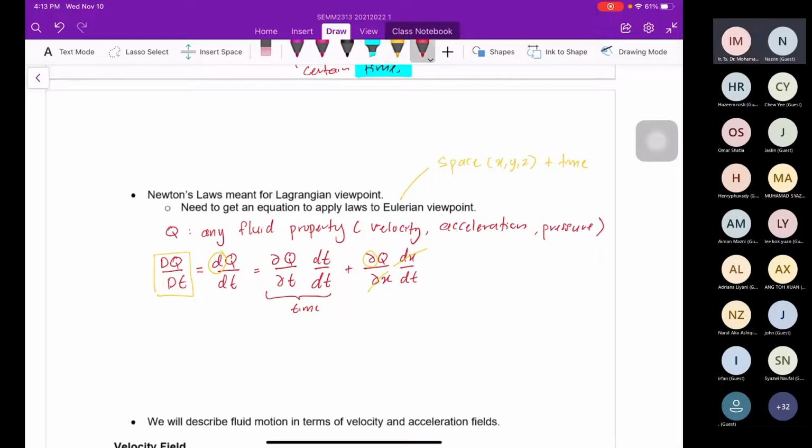Okay, for example, we have a container filled with water.